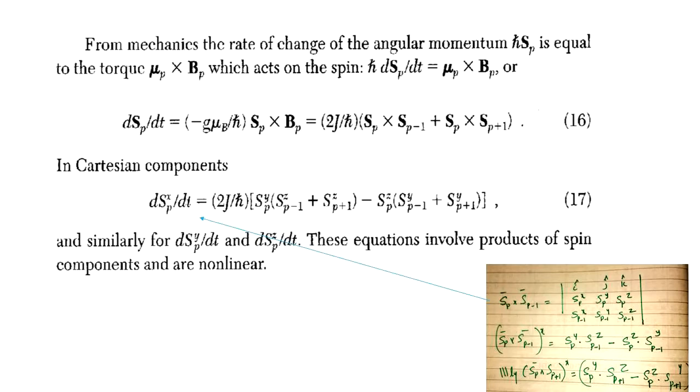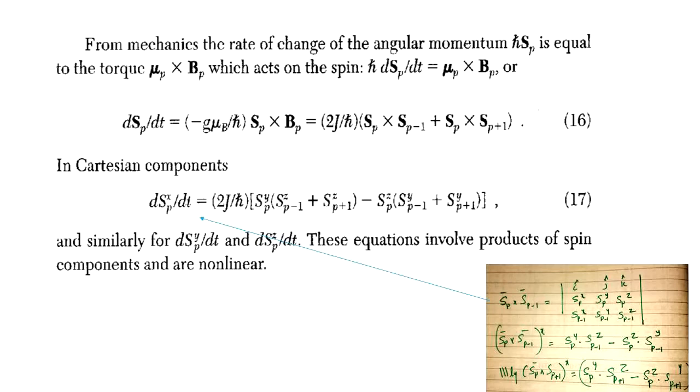This is the magnetic moment at the p-th site, and this is the effective field at the p-th site. So dS_p by dt can be written as minus g mu_B by H cross S_p cross B_p, and on substituting for B_p this can be written as 2J by H cross, S_p cross S_p minus 1 plus S_p cross S_p plus 1.